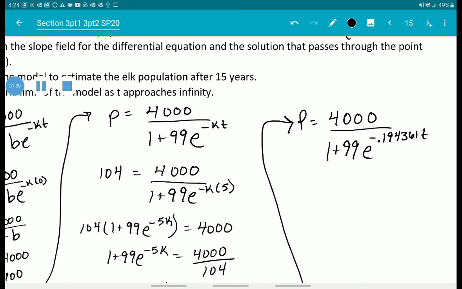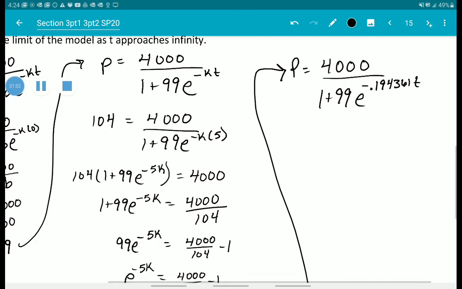B is asking us to graph the slope field for the differential equation and the solution that passes through the point. So we could graph that in Desmos, and you would see how this matches up. I encourage you to do that on your own. C is asking you to use the model to estimate the population after 15 years.